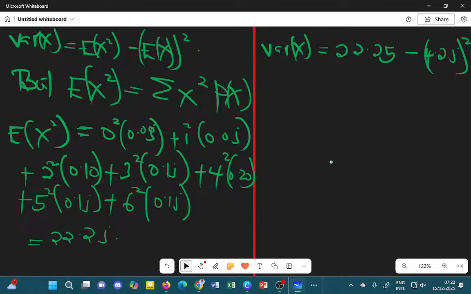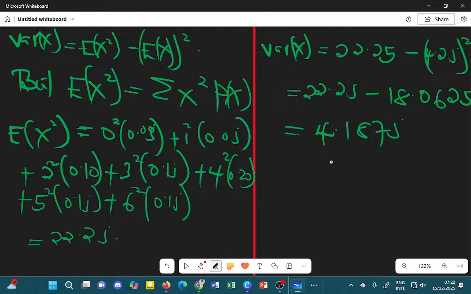This gives me the variance as 22.25 minus 18.0625. That's what I have. And that means the variance is then 4.1875.